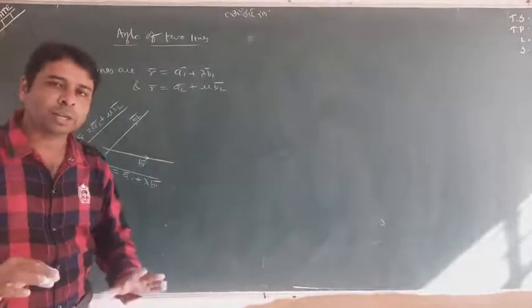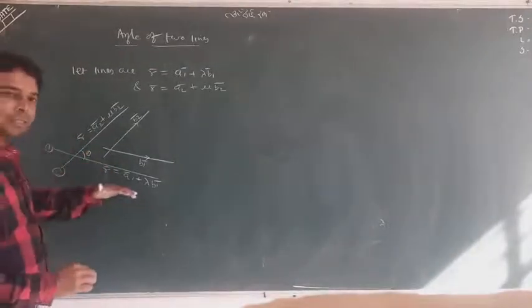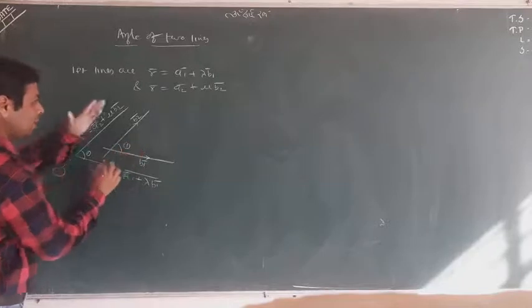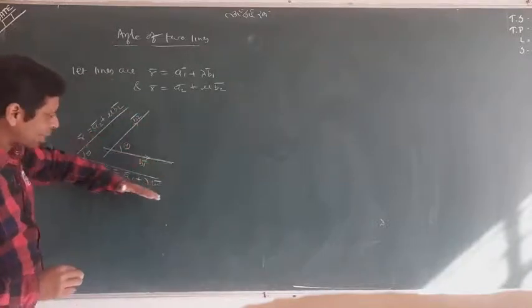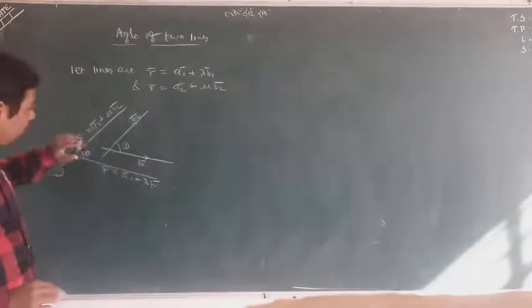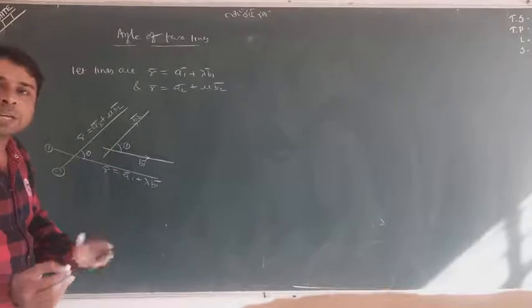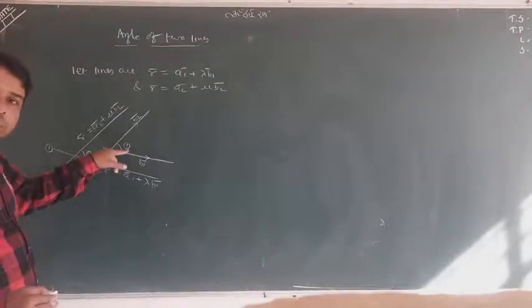What a good concept that is. This is the angle between two lines, and the same as this one, because b2 is parallel to the second line and b1 is parallel to the first line, and because they are parallel, this angle and this angle will be the same. We want the angle between two lines, θ, and you can get the same θ from here.